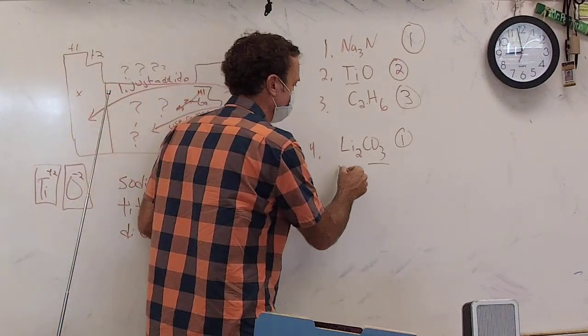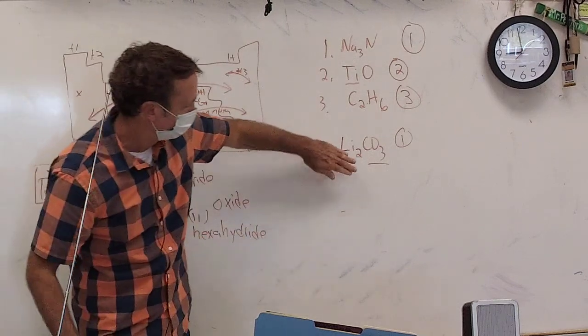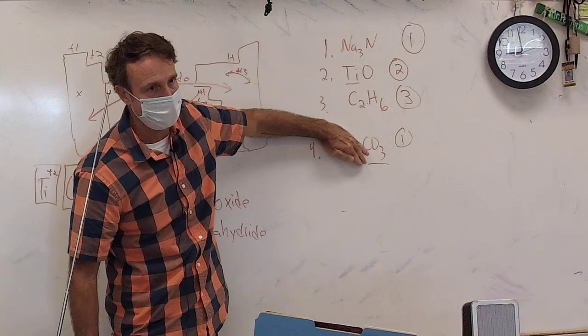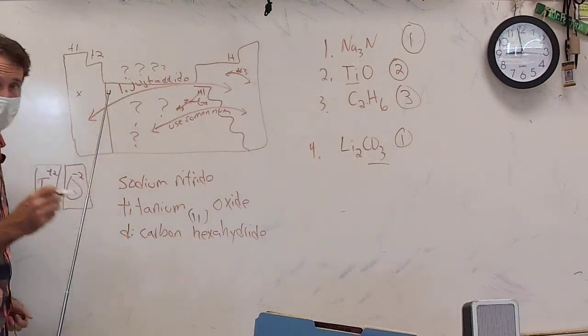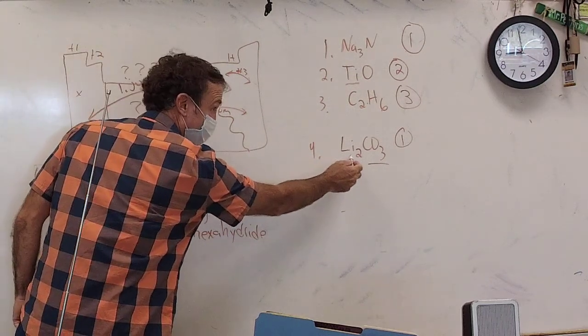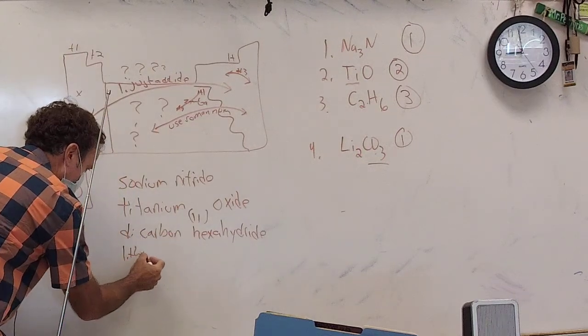Anytime you see one that looks really long, then you know that you're going to just look up the end of it. And that's the polyatomic ion carbonate. So number 4 is just called what, everybody? It's just called lithium carbonate. All right, that's it.